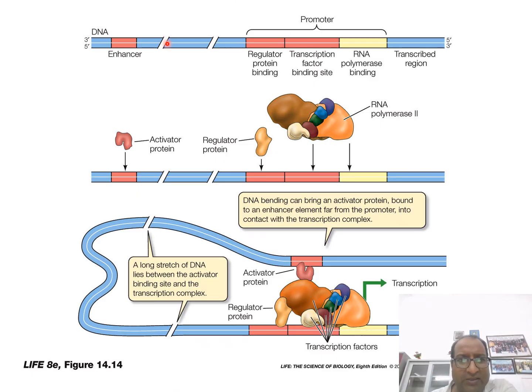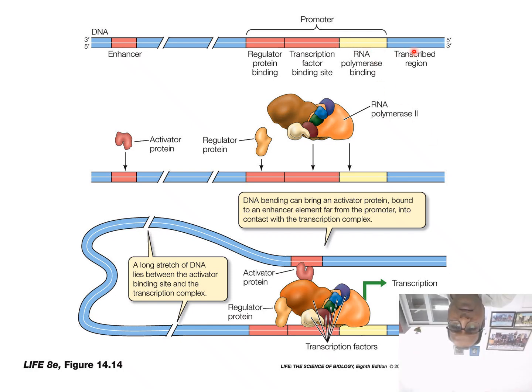Now let us see this one. This is a particular eukaryotic gene. This is the promoter area, and this area denotes the RNA polymerase binding site, and this is the transcribed area. So it has a transcription factor binding site, a regulator protein binding site, and very far from the gene there is another regulatory sequence known as the enhancer sequence.